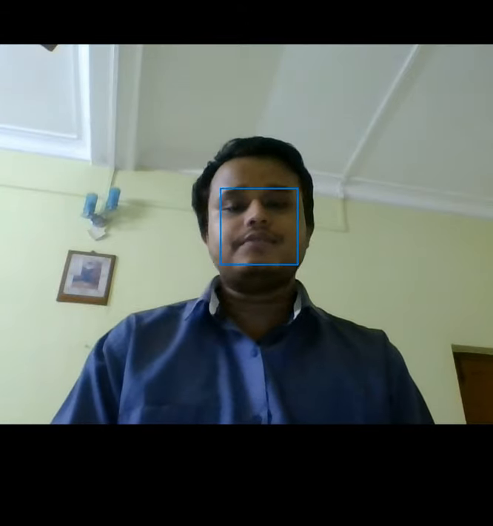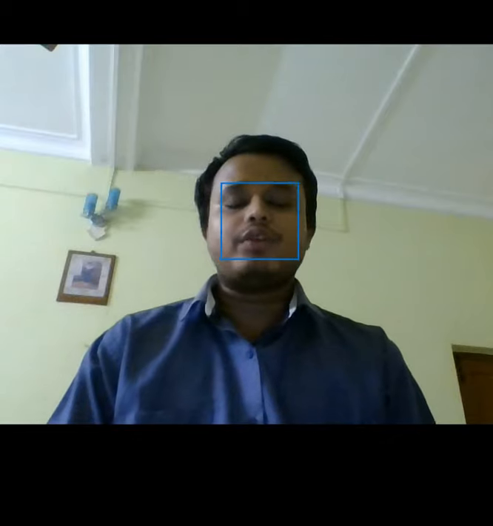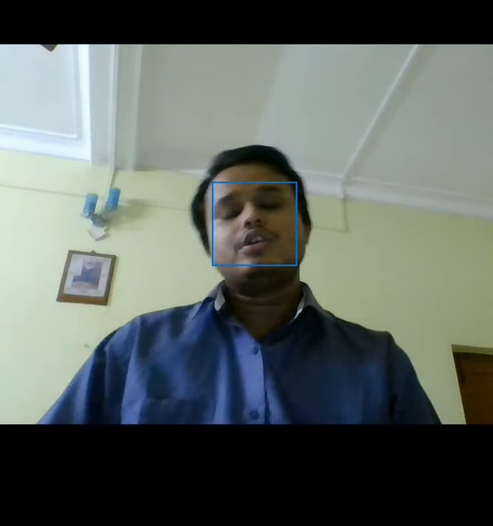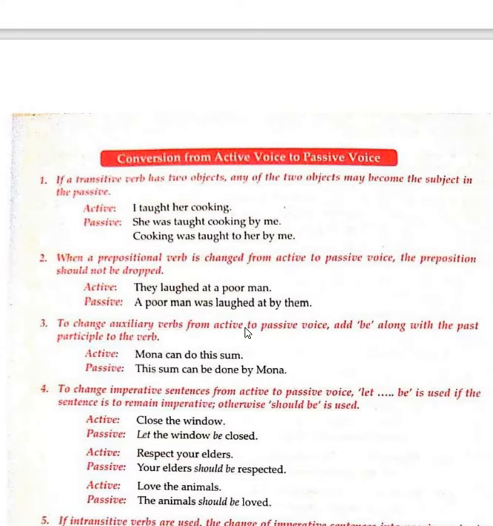The intransitive verbs voice change is not possible, so we always need a transitive verb, and as you know, a transitive verb can have a direct object and also can have an indirect object. So you can take one direct object or you can take any indirect object. You need an object, and whether it's a direct one or an indirect one, it doesn't matter, you can change the voice with that.